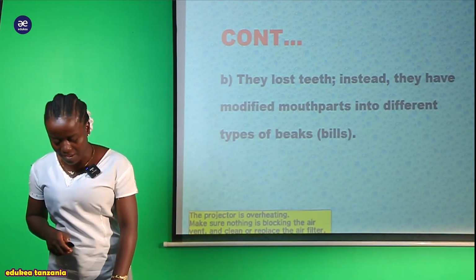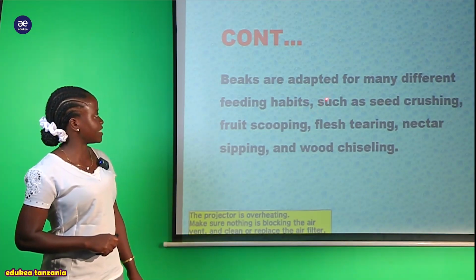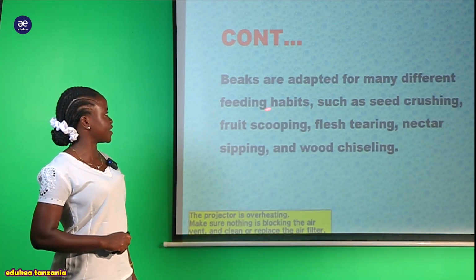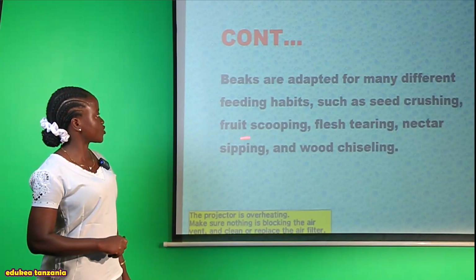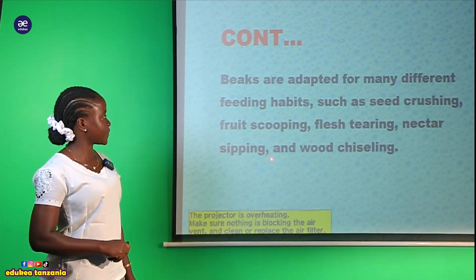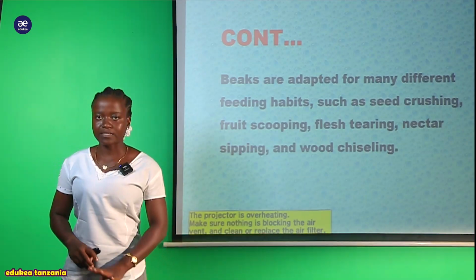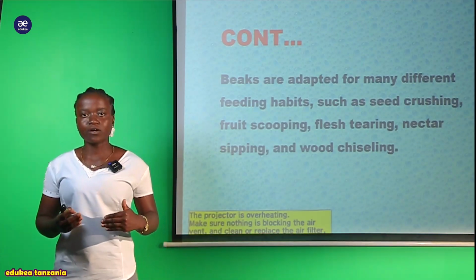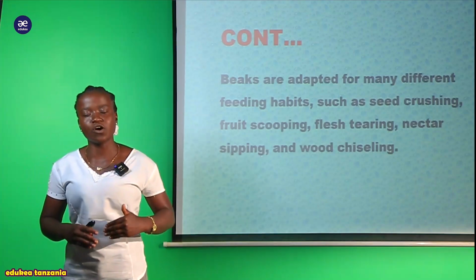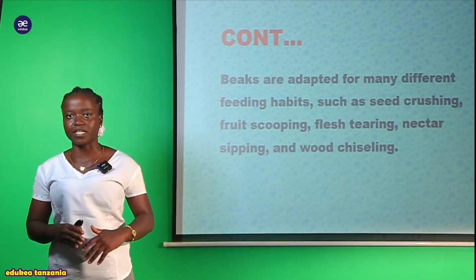Also, beaks are adapted for many different feeding habits, such as crushing, fruit scooping, flesh tearing, nectar sipping, and woody chiseling. So, as I have said, their beaks have been specialized or modified according to what the organism takes in.